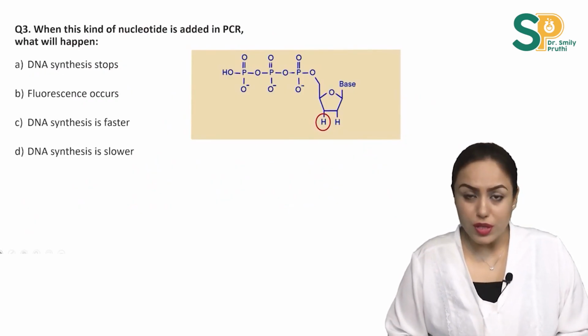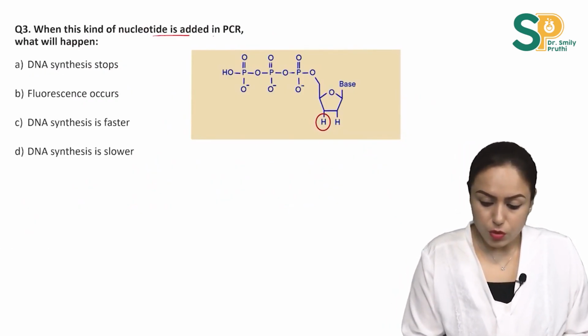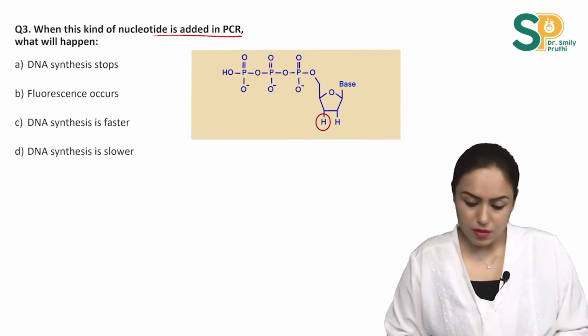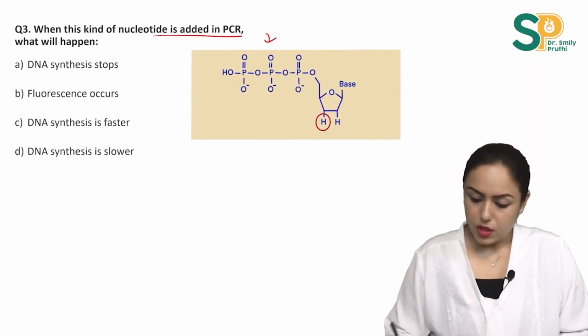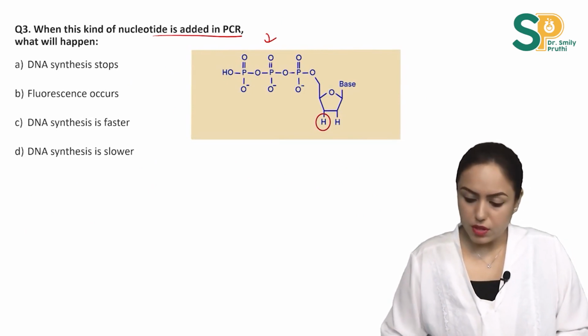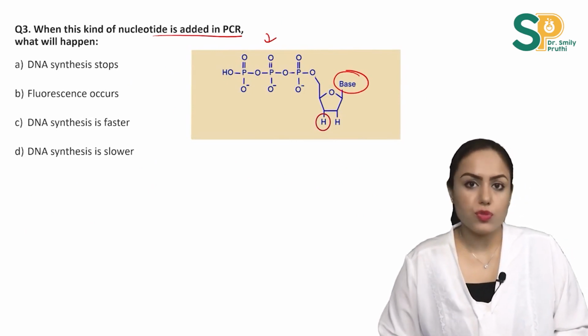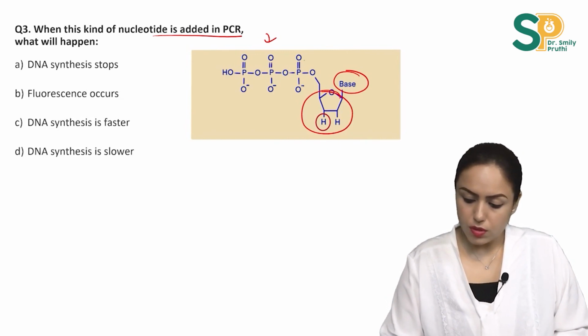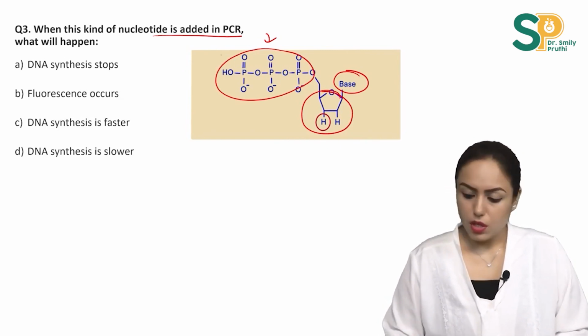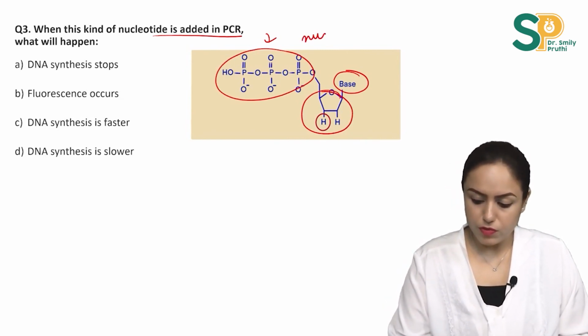Then question number 3. When this kind of nucleotide is added in PCR, the image is given, what will happen, right? So this you can see what is the image given. There is a nitrogenous base, there is a sugar and there is phosphate. So base plus sugar plus phosphate, this is a nucleotide.